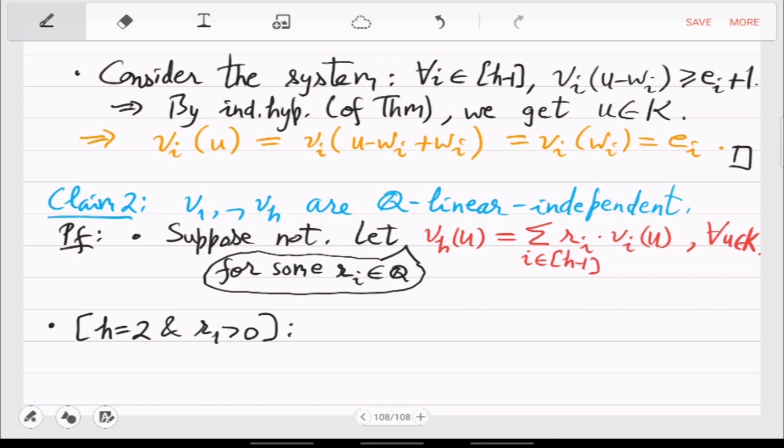What this means is that the DVR for V1 and V2 are the same, right? Because DVR comes from non-negative valuations. So this means that if you look at the z's for which V1 is non-negative, V2 is also non-negative.